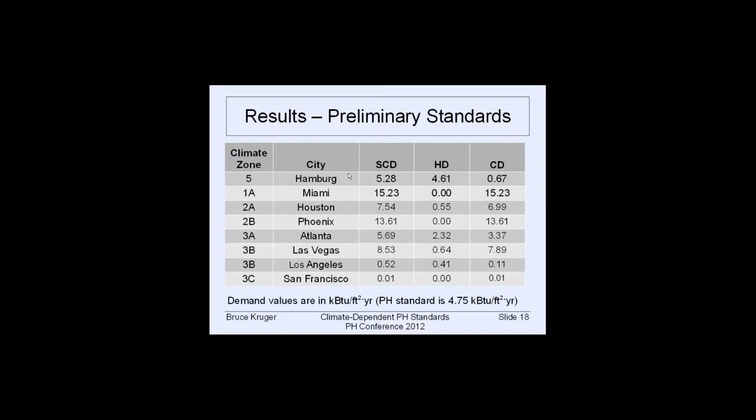And I totally agree that total source energy is extremely important. But in a building, I think you worry about the demand and cooling first, and then you figure out what does that mean for what kind of standard we should have for primary energy demand. So I did not, in my work, address the primary energy demand criterion. It's not because I don't think it's important. It's just because I think this should come first.